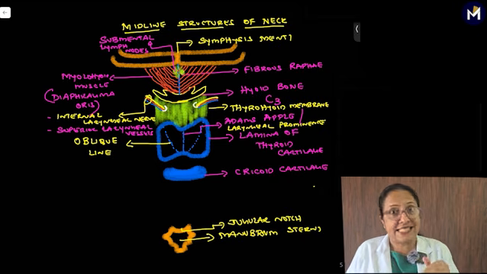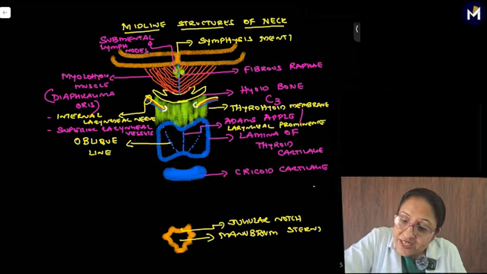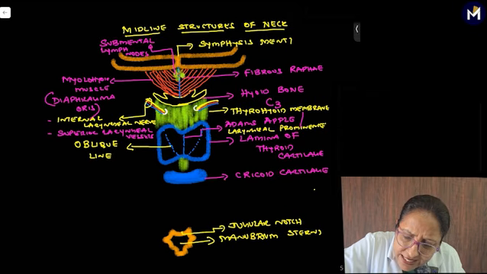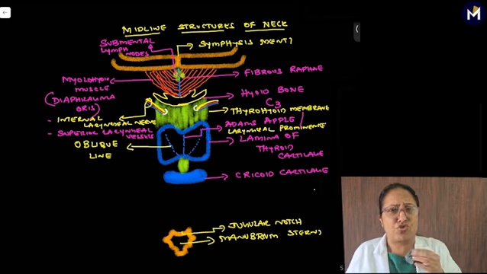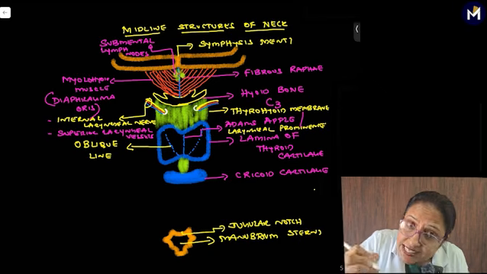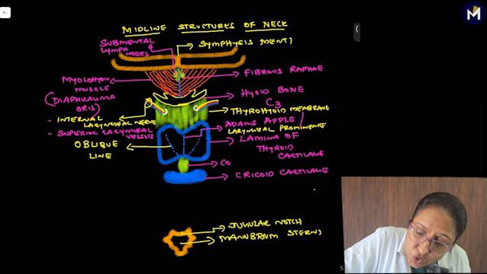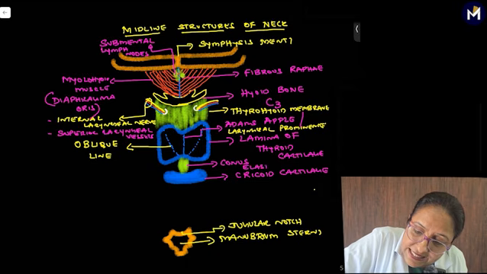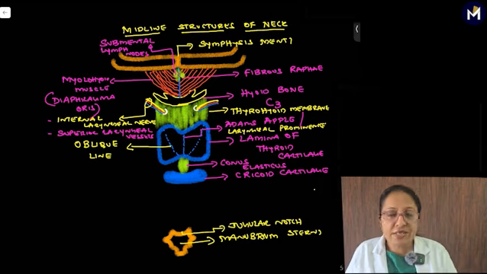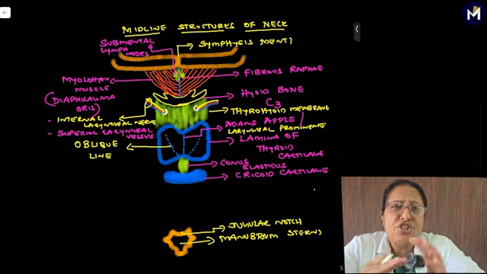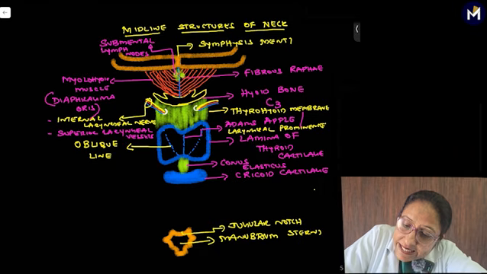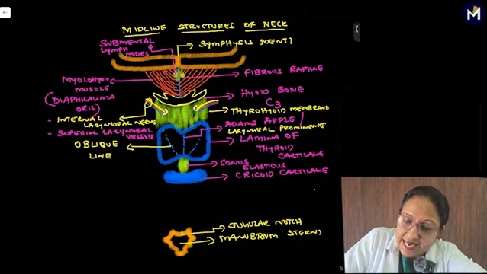Now, between cricoid and the thyroid, there is a fibroelastic structure in the midline. This is called conus elasticus, or you can just call it cricothyroid ligament.